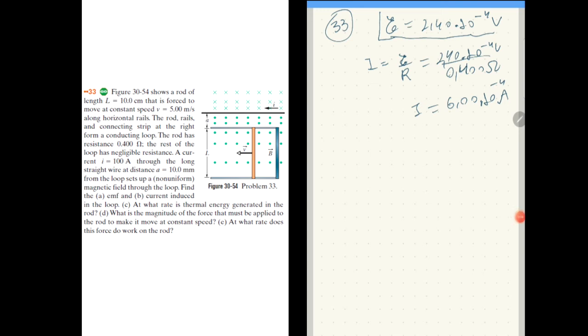And now it's time to move on to letter C. Letter C asks you to calculate the power supplied, or maybe generated by the current in some sense, in the circuits. So you may remember the definition of power, in this case, in the electrical case.